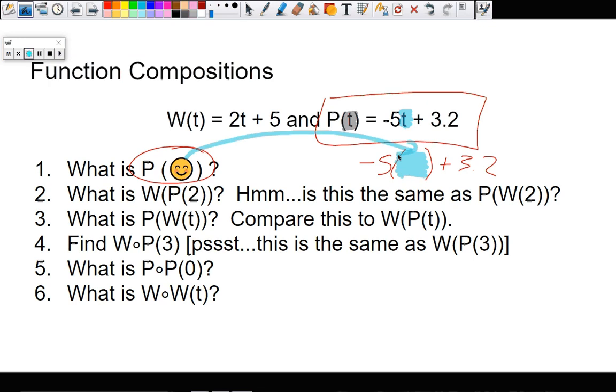The smiley face. So the answer to this would be -5 times smiley face plus 3.2. Well, it would be P of smiley face is equal to that, and it would all look like that. Okay? You're not inputting P, you're inputting the smiley face. I was just saying if we need to put the P of smiley face. Got you. Yes, I like that. That's nice and refined there at the end as a final answer.